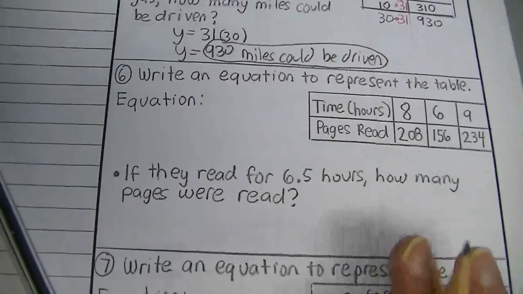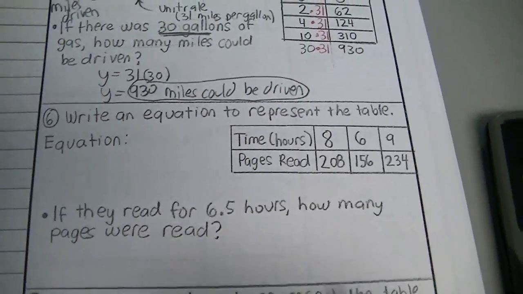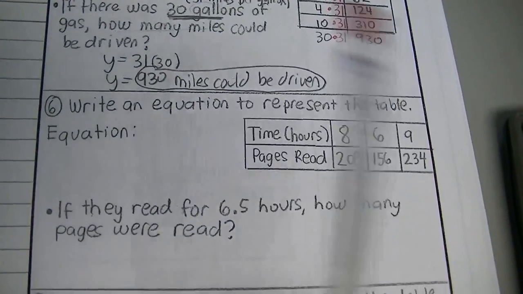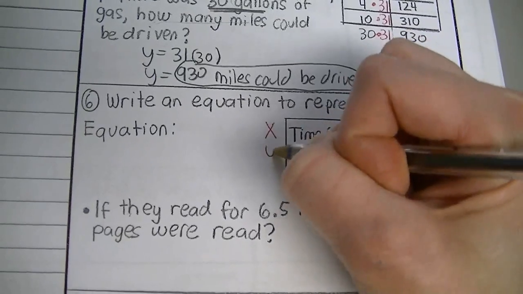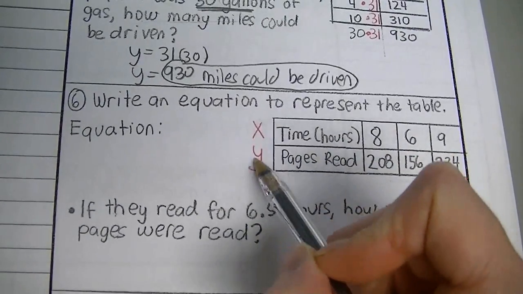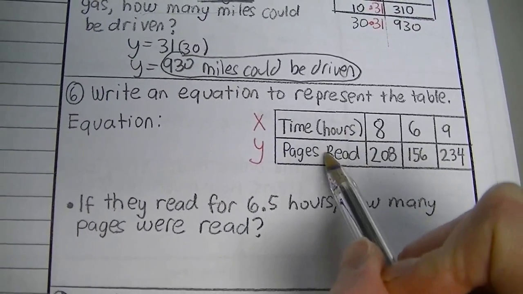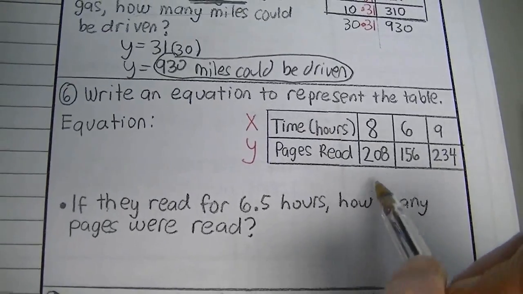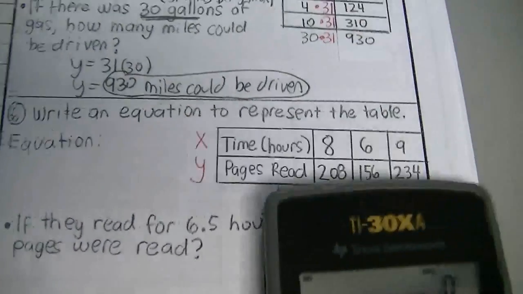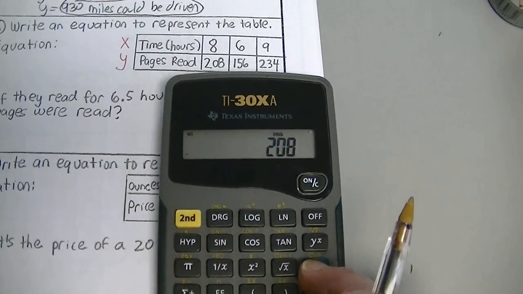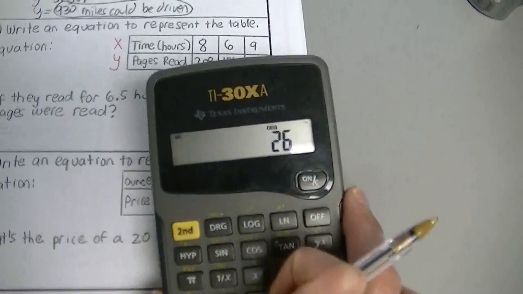All right, number 6. Write an equation to represent the table. Well, before you can write an equation, let's make sure it's proportional. All right, so x and y. So we've got to go y divided by x, so 208 divided by 8. I got 26.